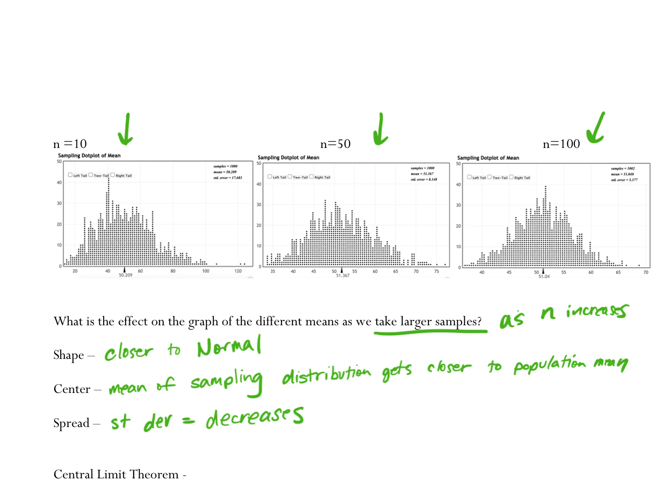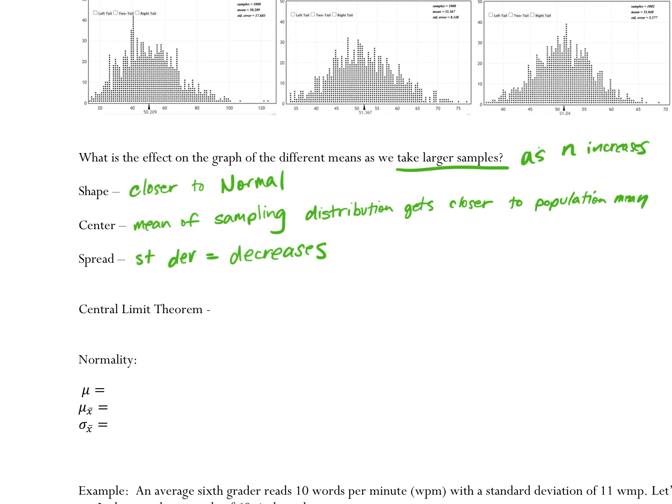Okay, so all of this goes with something we call the central limit theorem. That says as n increases, sampling distributions get closer to normal.